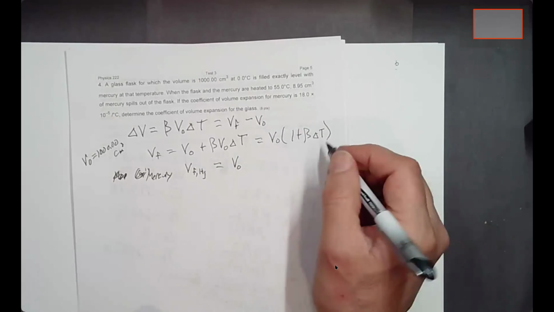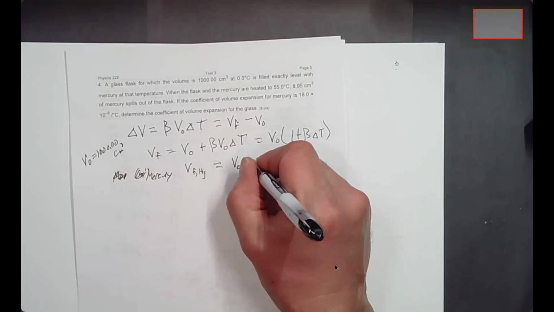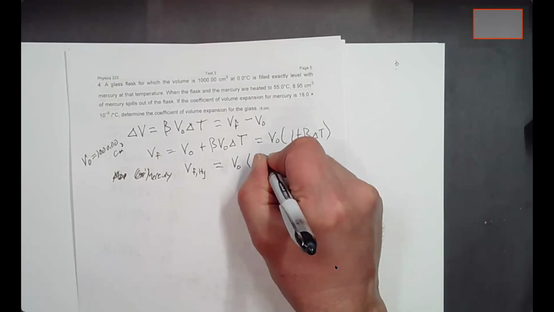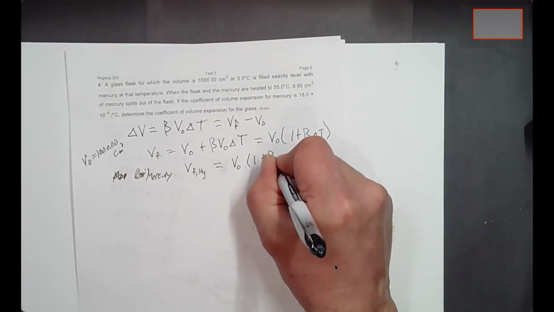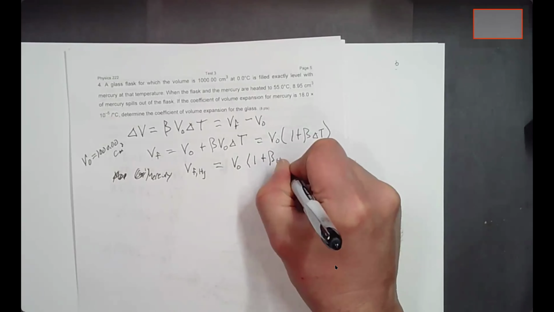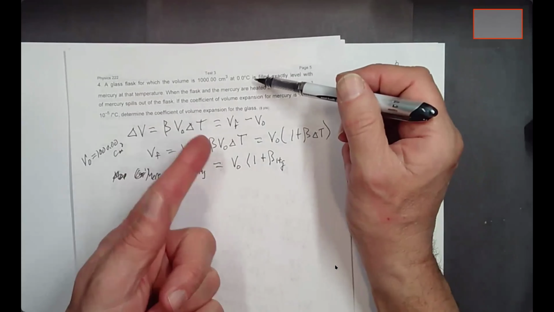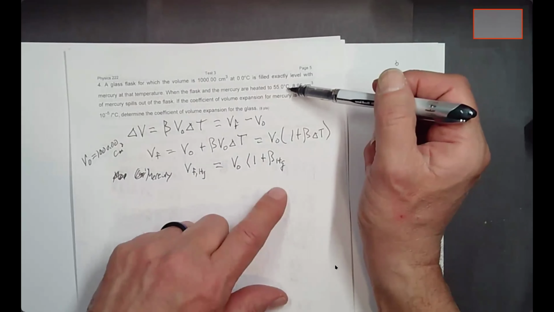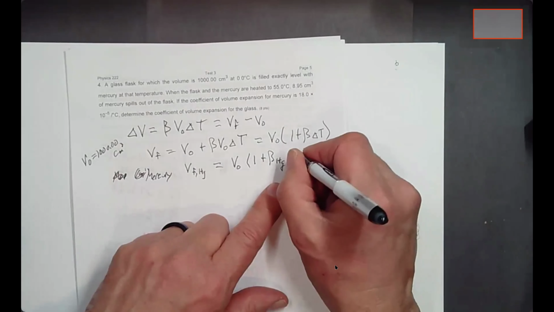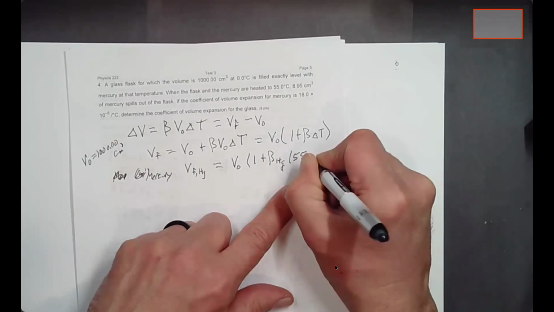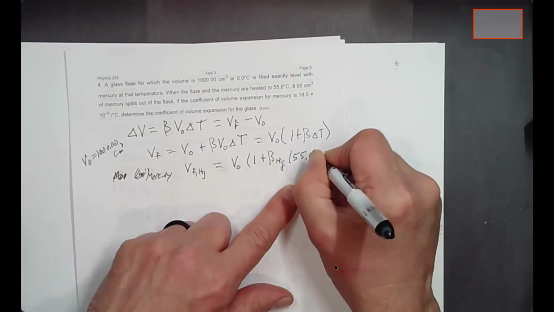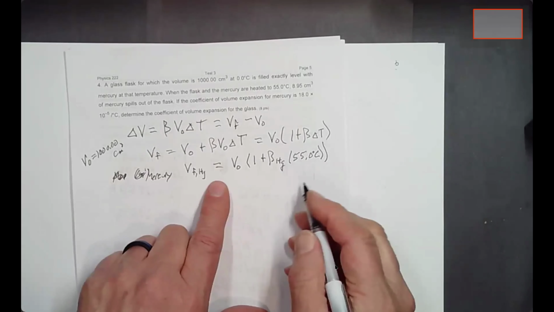And as long as I use the same units, it doesn't matter. So that'll be V naught times (1 plus beta for the mercury times the delta T), which in this case is, it's at 0.0 to start with, and it's heated to 55. So delta T is 55.0 degrees Celsius. So I have that.